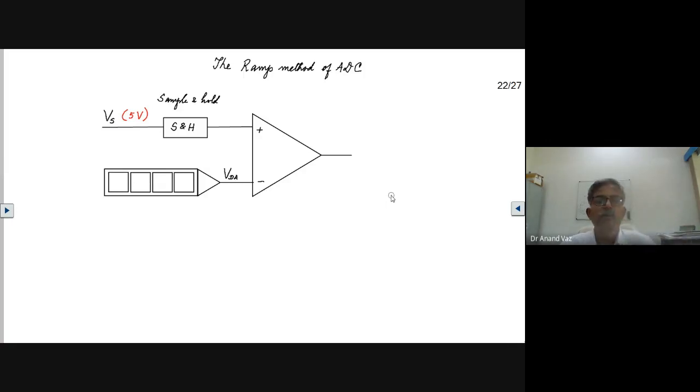When this signal is sampled and held, you will check the output of this comparator. Here you have a comparator and a circuit.